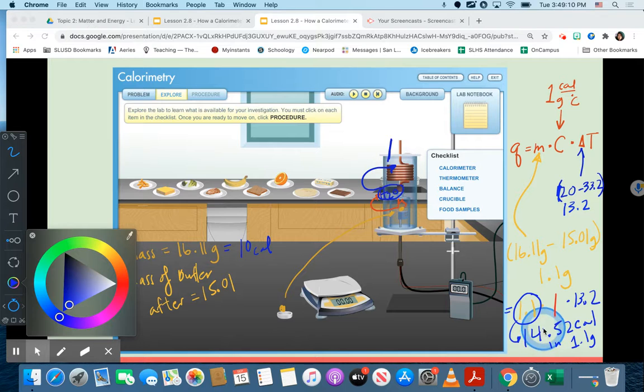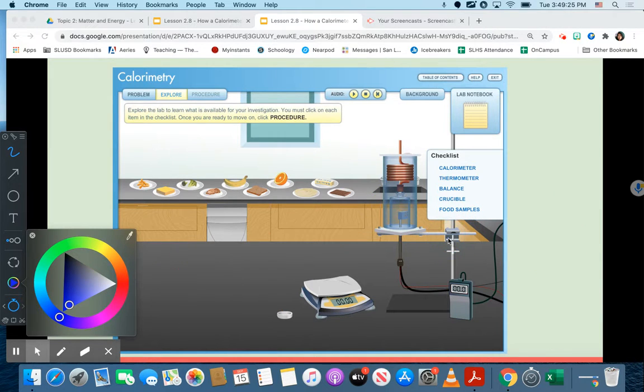Now, note that this is lowercase c calories. Lowercase c calories is different from capital C or big C calories. So a side note that you should know is that one lowercase c calorie is the same as 1,000 capital C calories.